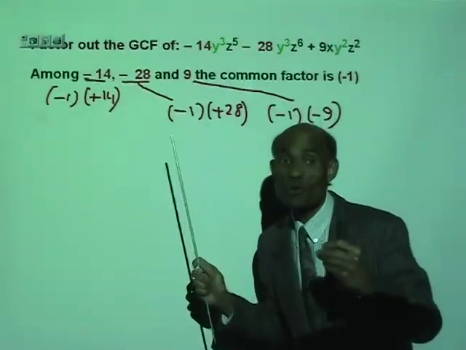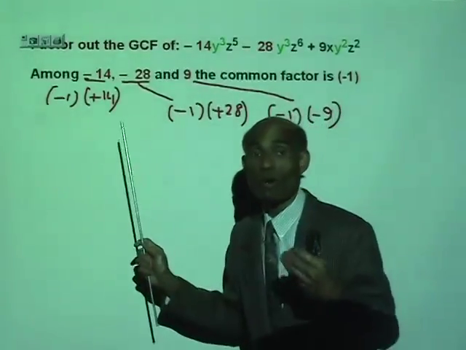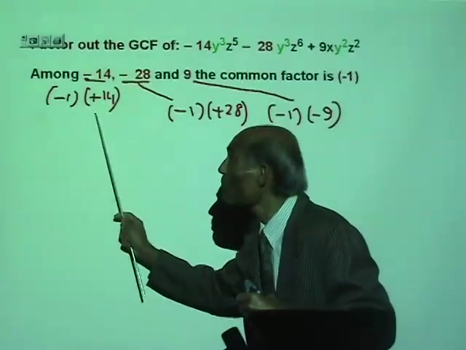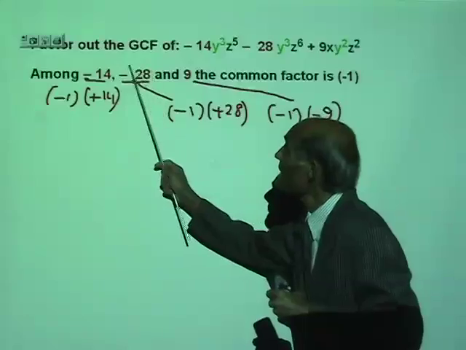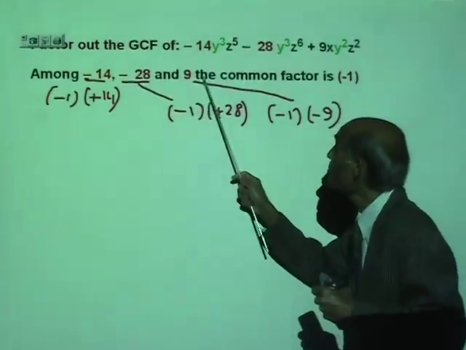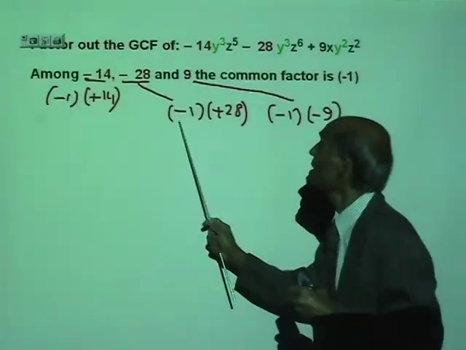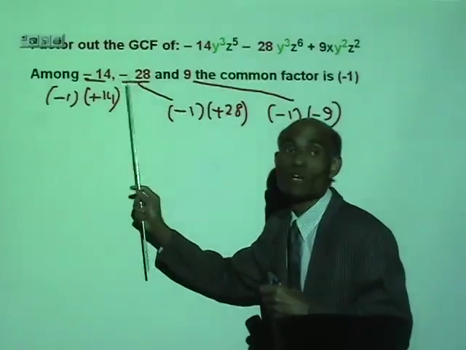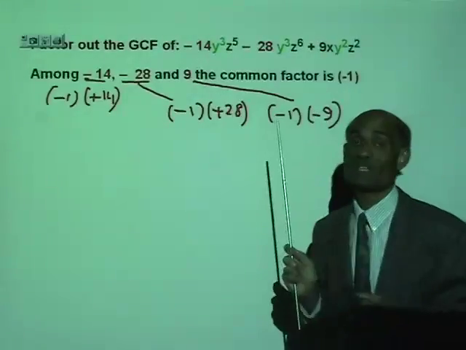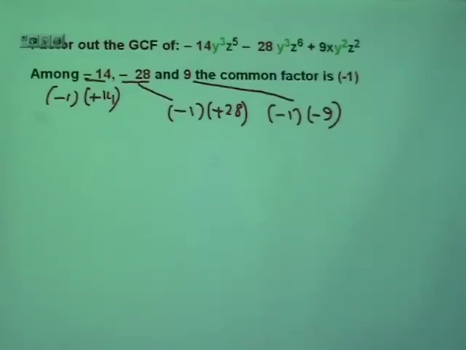Once you have identified negative 1 as the common factor, what are the remaining factors? Remaining in negative 14 is positive 14. Remaining in negative 28 is positive 28. And remaining in positive 9 is negative 9. So after the negative 1 is factored out, you are left with positive 14, positive 28, and negative 9. I hope you understand that. Okay?